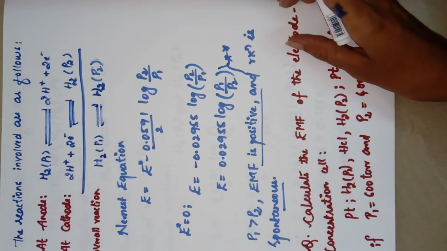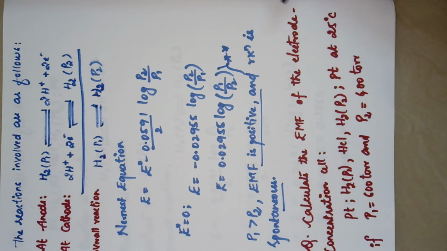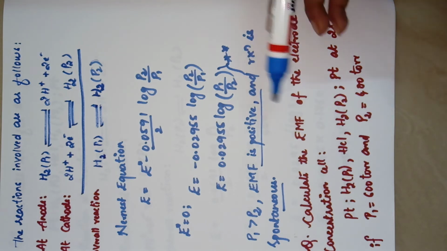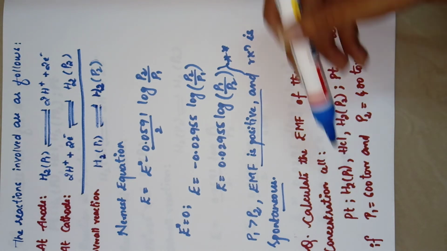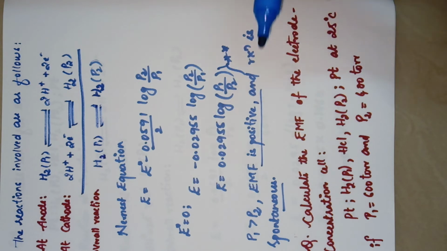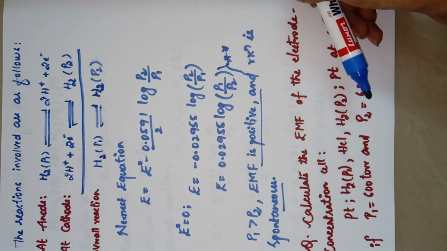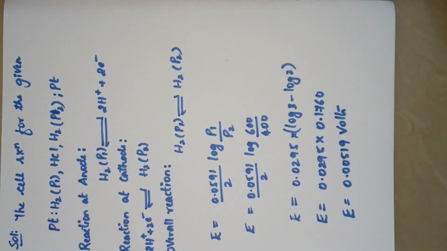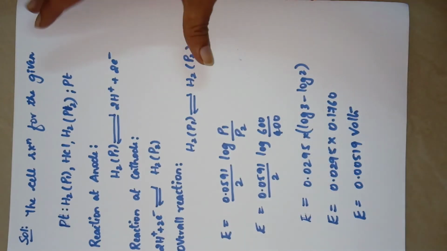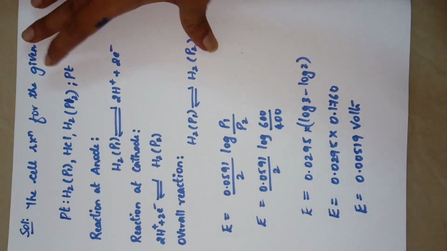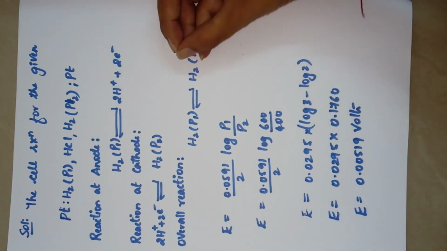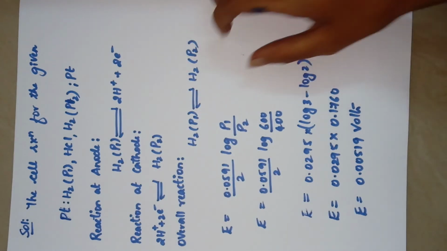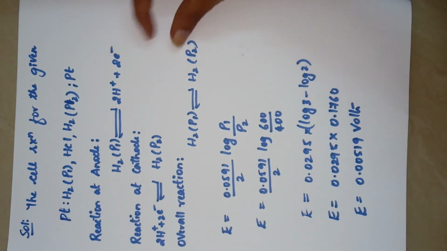Now we'll solve one question. Calculate the EMF of the electrode concentration cell. They gave you a cell and two pressures. Very simple. In this formula you have to substitute the pressure values. If you do not remember this formula directly, what you have to do in the exam is write the cell reaction at the anode, at the cathode, and then the overall reaction. It will eat your time.